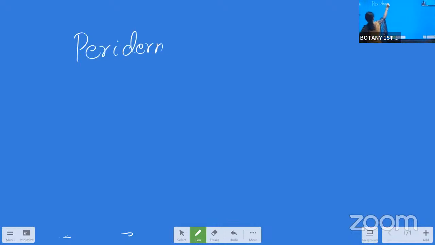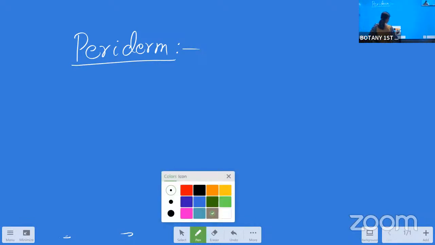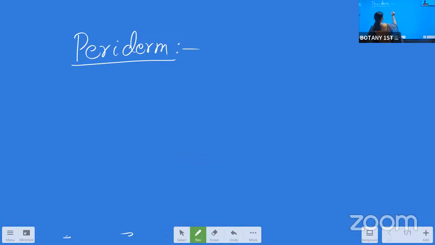What is meant by periderm? This is the most important one. So before going to say this, I want to draw the diagram so that it's easy.